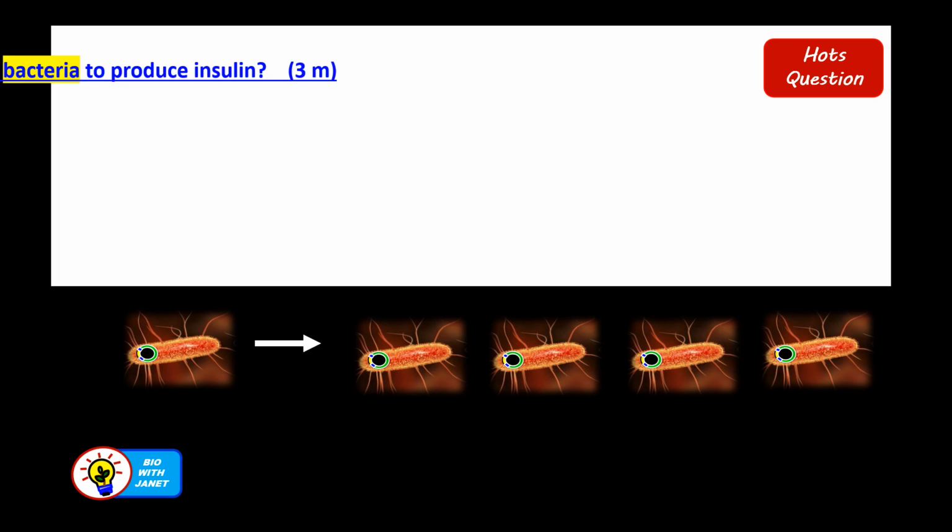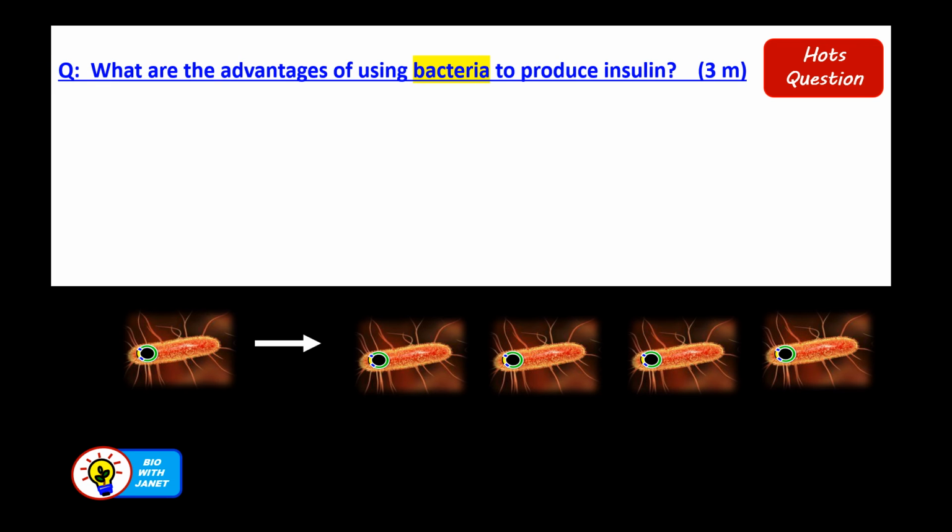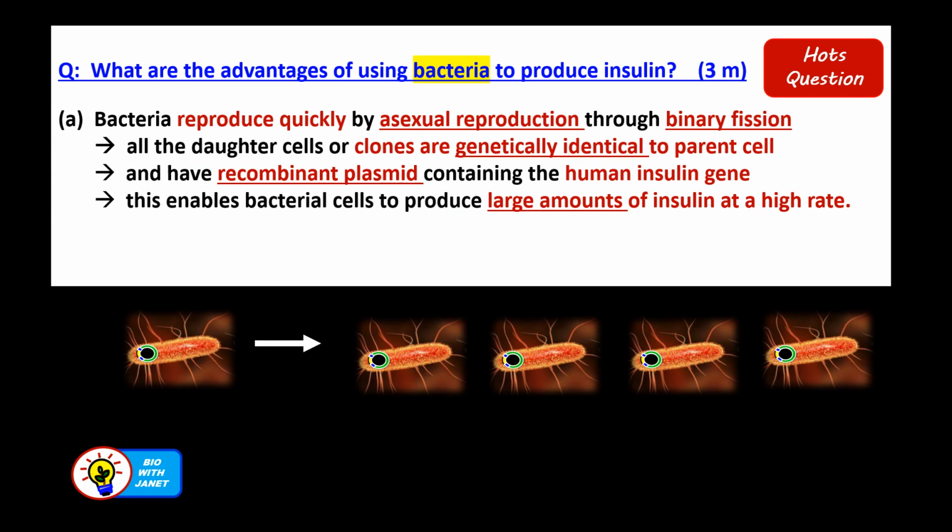Look at this hot question. What are the advantages of using bacteria compared to other organisms to produce insulin? 3 marks. So this is a hot question. Firstly, bacteria reproduce quickly by asexual reproduction through binary fission. So all the daughter cells or clones produced through asexual reproduction are genetically identical to the parent cell, right? And the daughter cells all have the recombinant plasmid containing the human insulin gene.